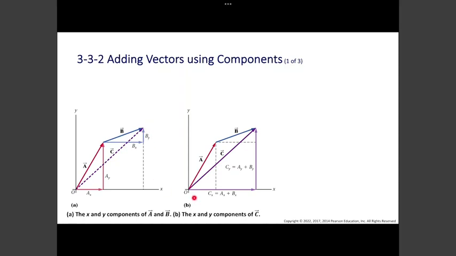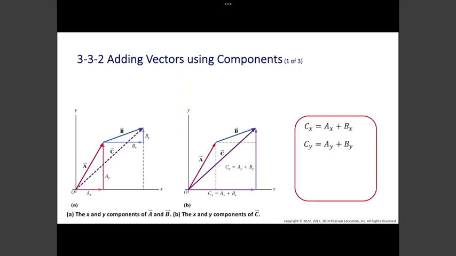And figure B shows the x and y components of the vector C, cx and cy. Notice that cx is equal to ax plus bx, and cy should be equal to ay plus by.